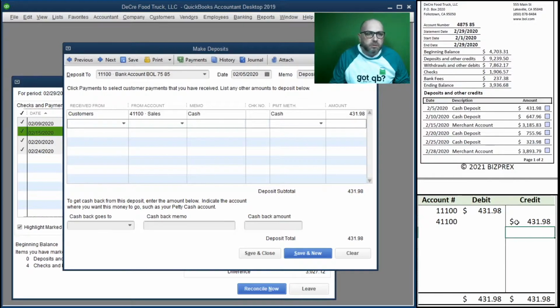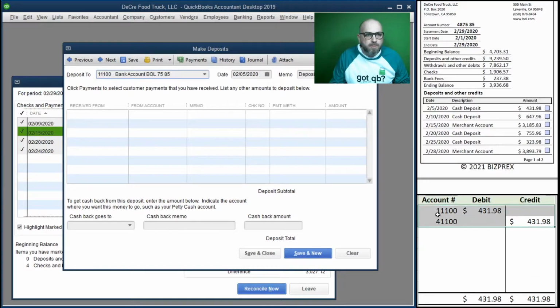All right, so here we are, entries in balance, save and new. Let's go ahead and post our next deposit.